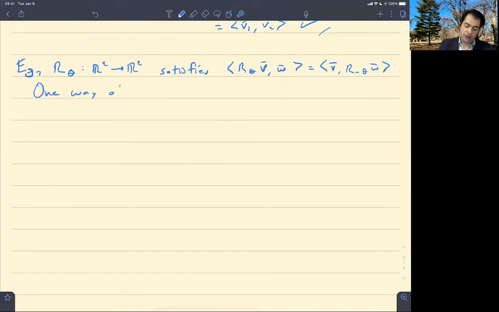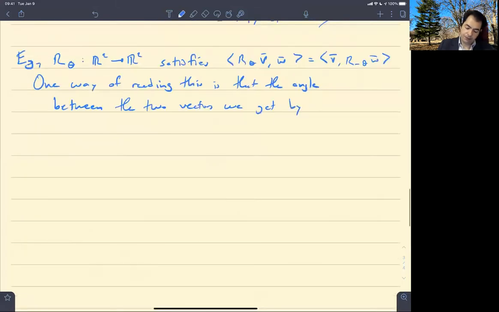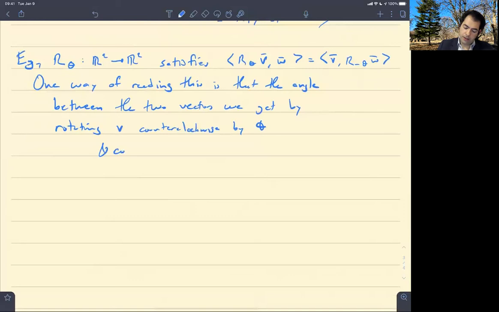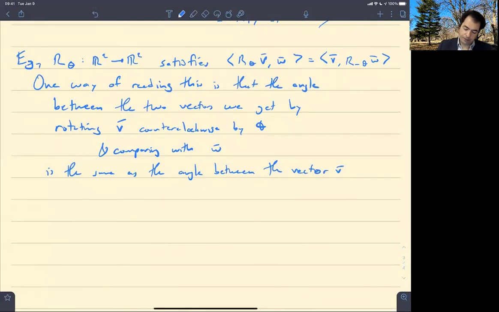Right, so one way of reading this is that the angle between the two vectors we get by rotating V counterclockwise by theta and comparing with W is the same as the angle between the vector V and the result of rotating W by theta clockwise.